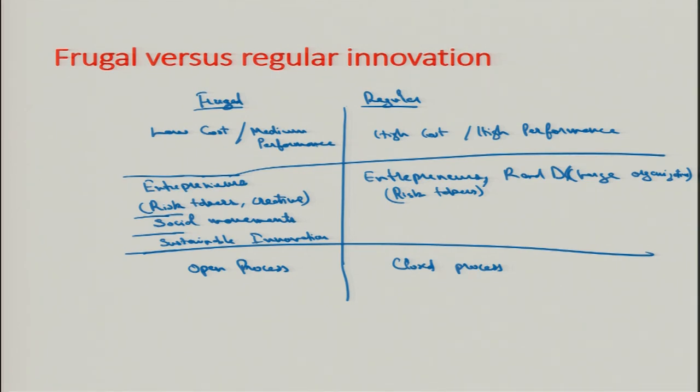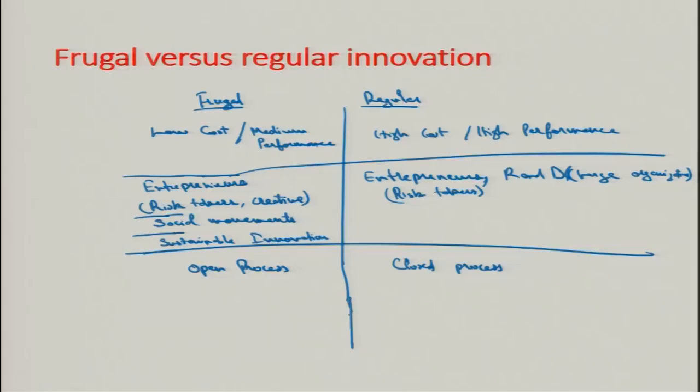Also, the users. If we see the product life cycle chart, we have innovators who are risk takers, who buy the products when the product is just in its infancy, just introduced in the market. When the product is at a majority level, laggards buy those products. So in regular innovation, who uses the products?